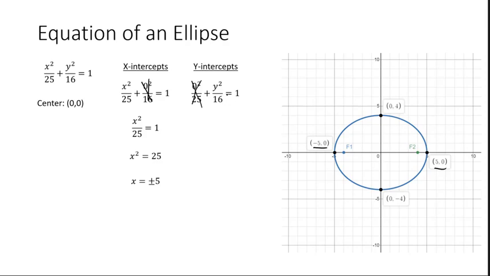And then here we have y squared over 16 equals 1. You could then multiply both sides by 16 to get y squared equals 16. And then take the square root of both sides to solve for y. So y would equal positive or negative square root of 16, which would be 4. And that's what we see right here and right here. So those 2 points are at 4 and negative 4.